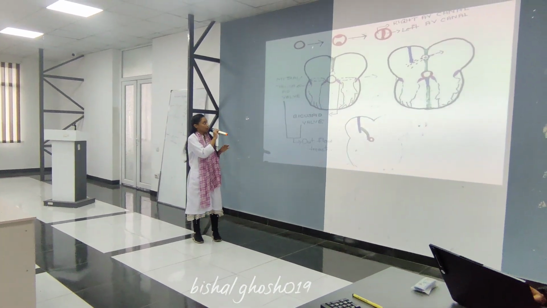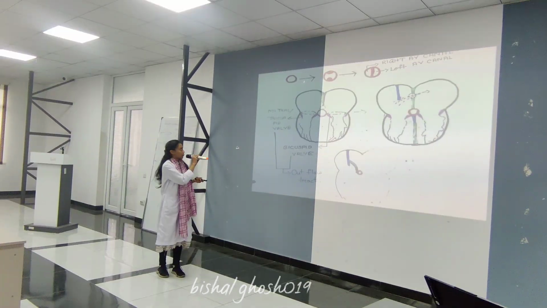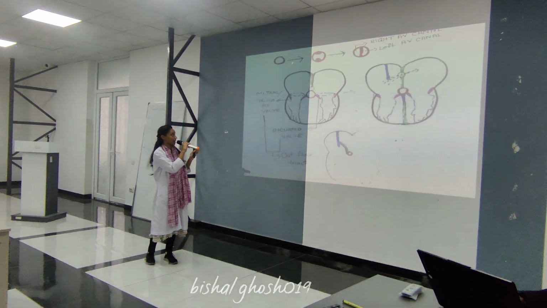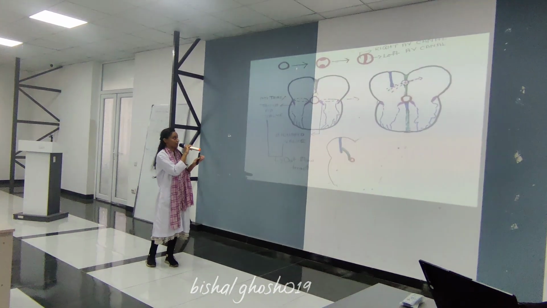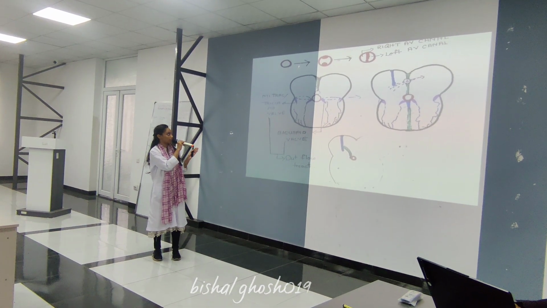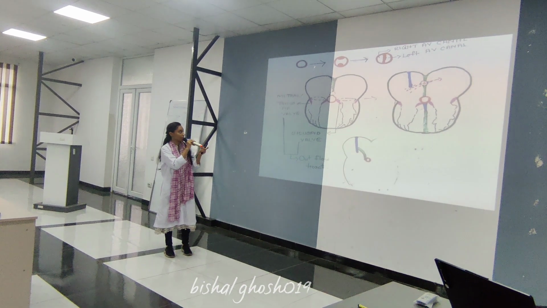Then we need to know about septum to divide our heart. Now we will know about the septum. The septum is what divides our atriums and ventricles. First we will know about the interatrial septum, but we have to know first about septum intermedium.